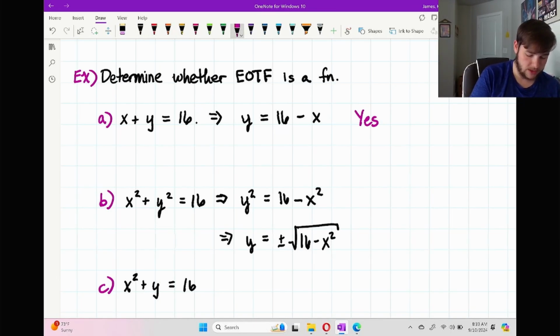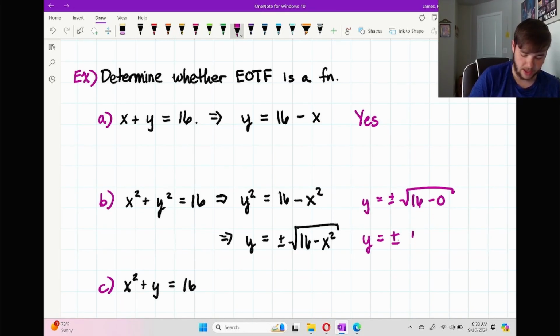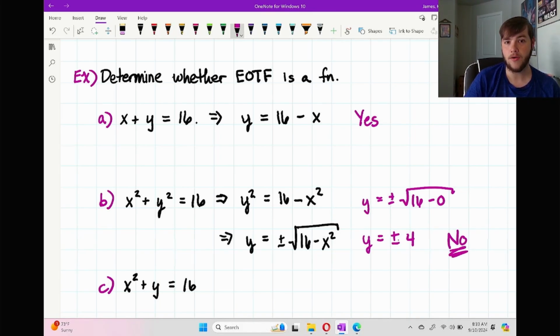Now when I plug in 0, I will get y equals plus or minus the square root of 16 minus 0. That leaves me with just 16 on the inside. So y equals plus or minus 4. Notice here I got 2 outputs. So this one is not a function. All it takes is for one point to mess it up. So this is sufficient to show.